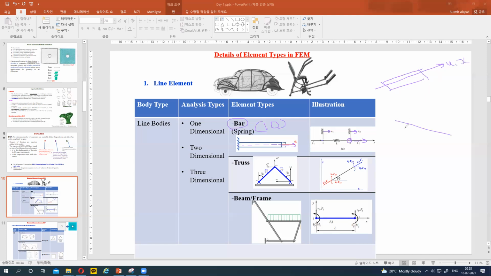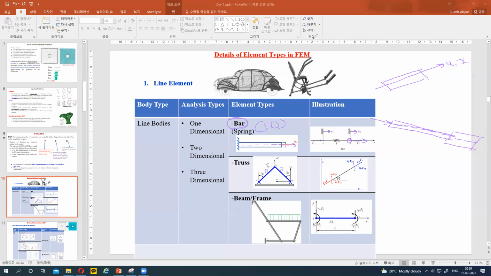Similarly, if the axis is like this and we apply force along the axis, we can consider it a one-dimensional problem, so we just consider a bar element.